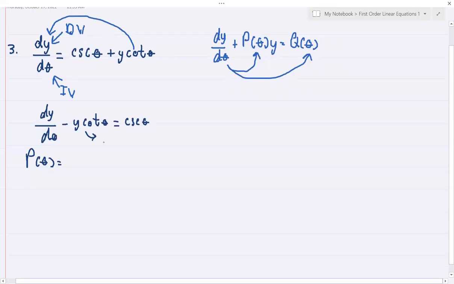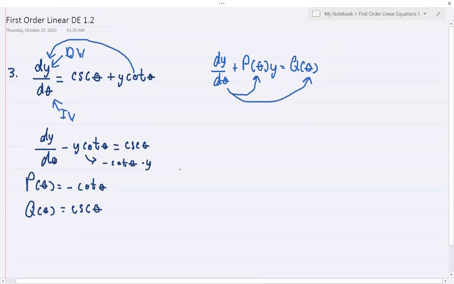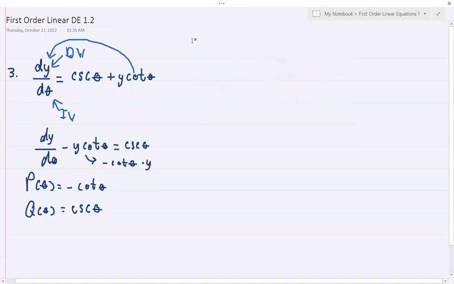We can separate this by decomposing it into negative cotangent times positive y. So here we will have negative cotangent of theta. Then your q of theta would be cosecant theta. That's it.